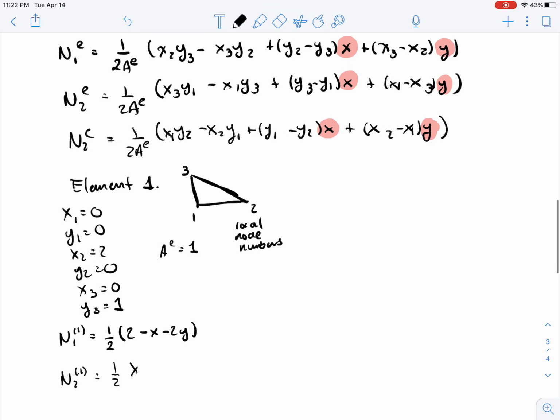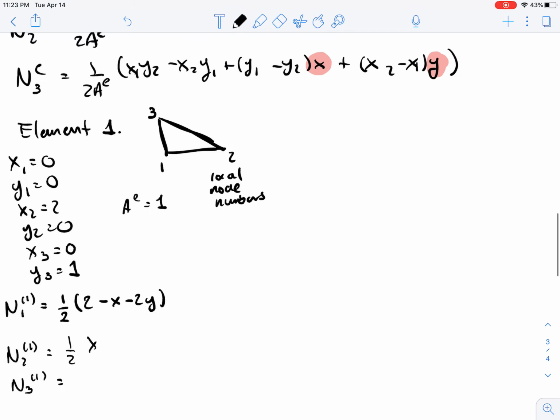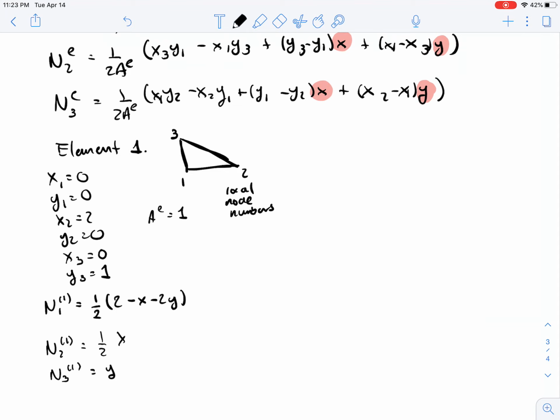For the second shape function, again, just plug in the values and you're going to get 1/2 x. And for the third shape function for element 1, again, just plug in the values, and this should say N3. If you plug in the values, you'll get y. So that's for element 1.